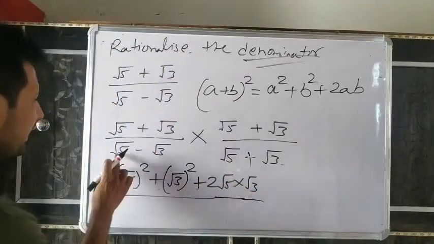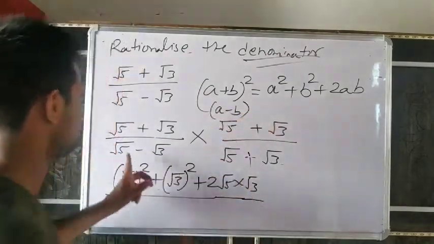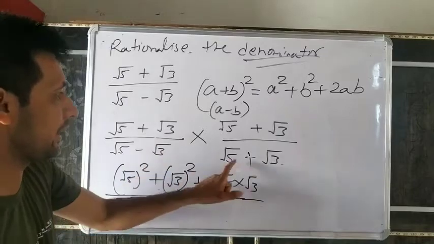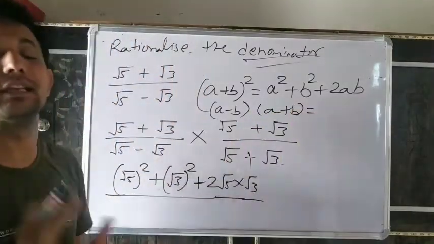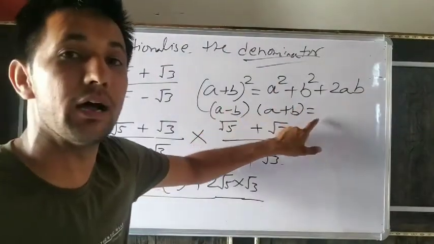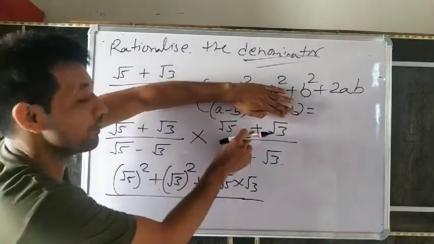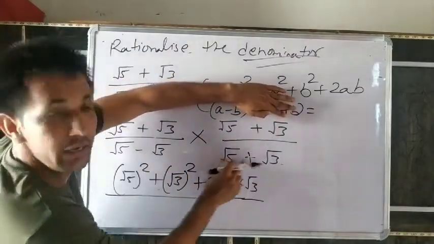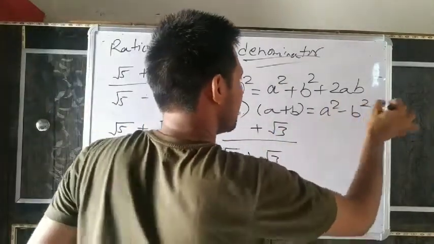Understand now? A minus b, a plus b. Always, beta, in rationalizing the denominator, this formula becomes a minus b, a plus b. That's why we change the sign. Here minus, we write plus. The formula is a minus b times a plus b, which is a square minus b square.